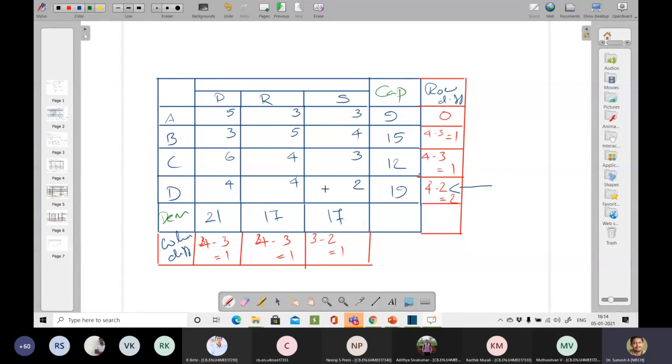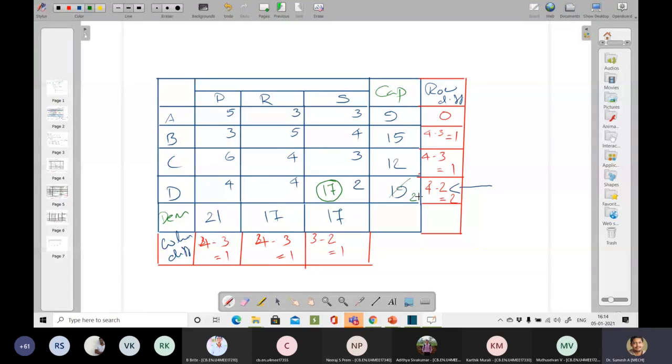So I can give 17 allocation, and 19 will change into 2. So this is the second iteration.